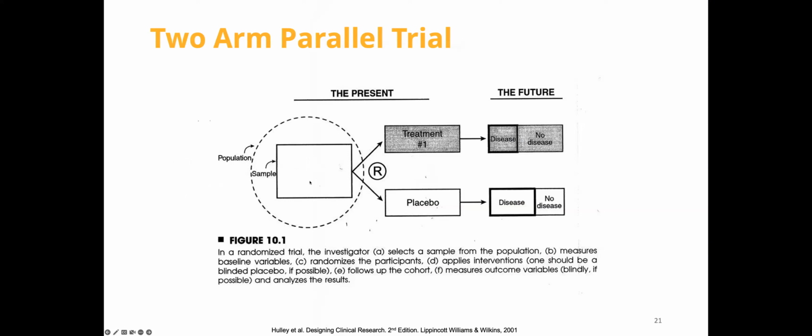We just start off with our study population. We define the study population we want to study. We have a sample that's enrolled in the study, and then we randomize them to either the treatment group or the placebo group. And then we follow them forward in time to see whether they develop the disease or outcome of interest, or don't. So that's a very simple example of a two-arm parallel trial.